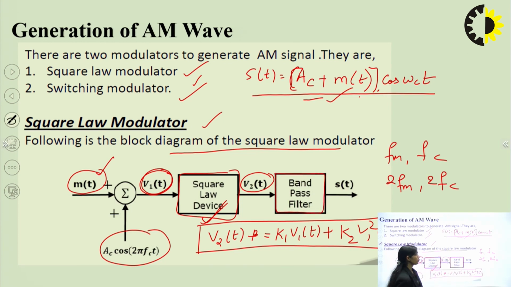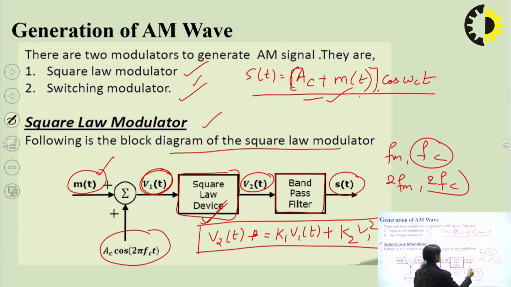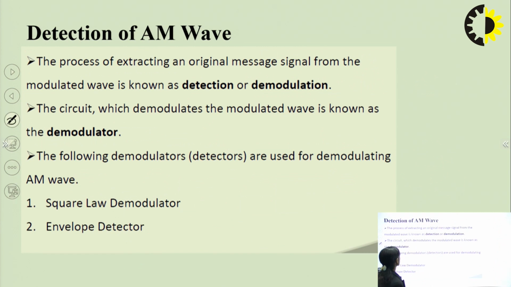This band pass filter will transmit only the required frequency component. We can obtain this by passing it through the band pass filter, and we will obtain the required modulated wave equation, which is given by this equation. So this is the functioning of the square law modulator.